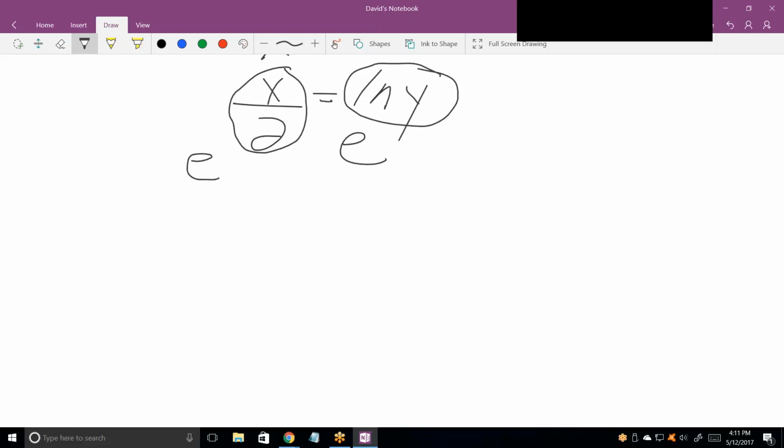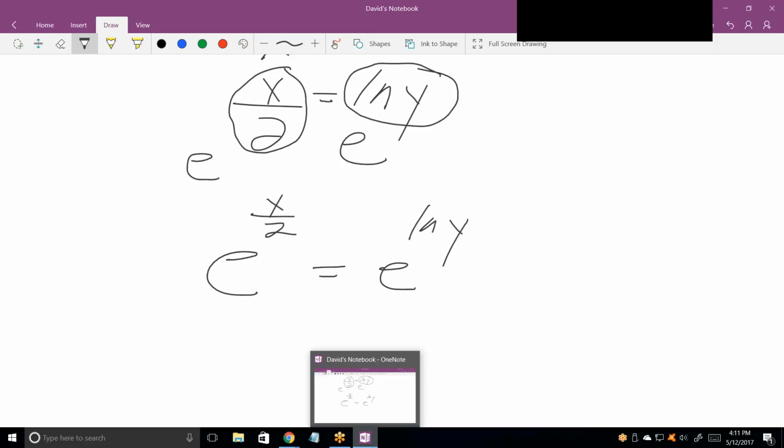And that's a legal mathematic maneuver. So you do e to the x over 2 equals e to the natural log of y. And you can do that because had I started with that, you could have said that x over 2 equals natural log of y.